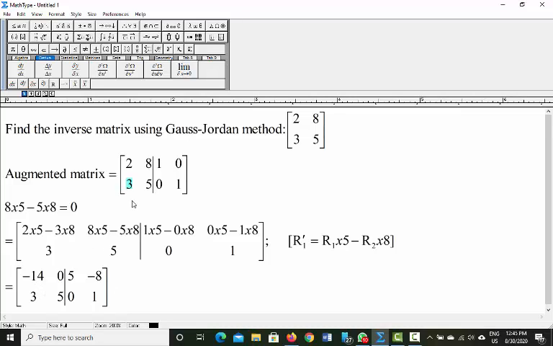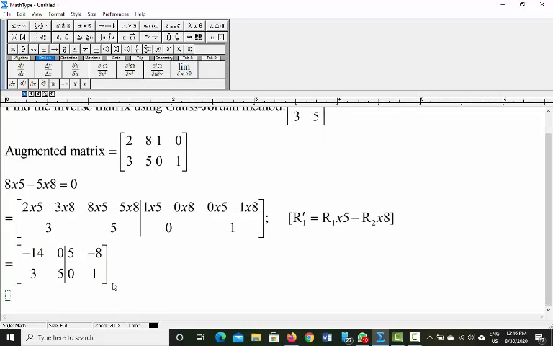So now our target is to bring this 0 here. That means we need to convert this one to 0, again by using row operation only.